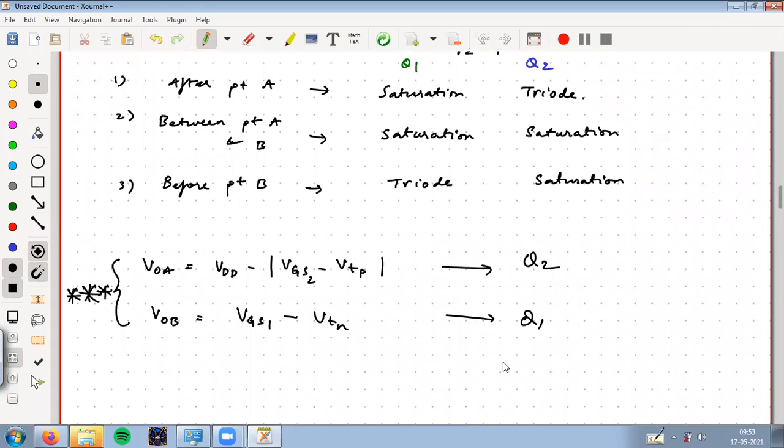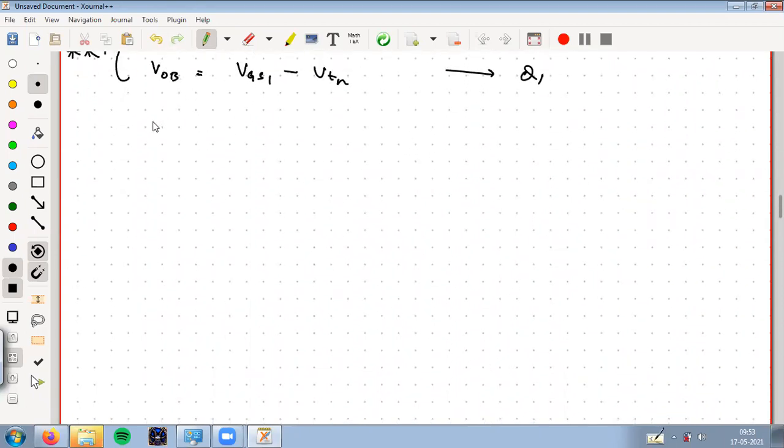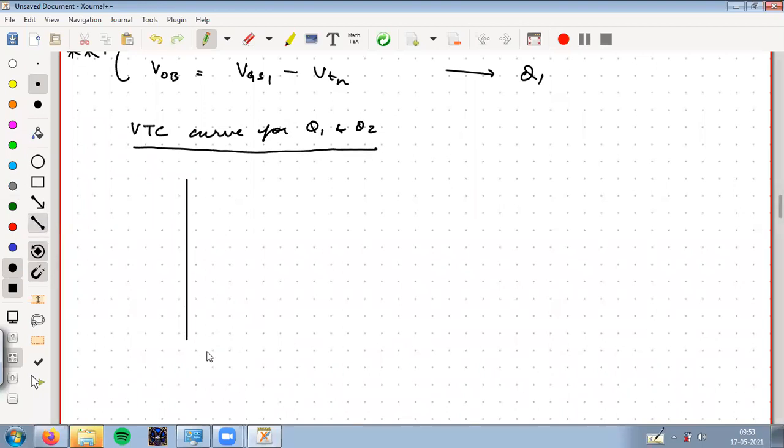Now if I draw the VTC curve for Q1 and Q2, it will look like this. This is V naught, and this is Vi.